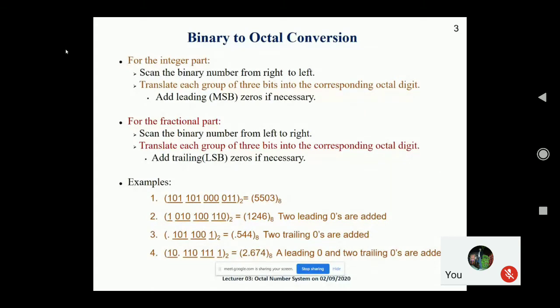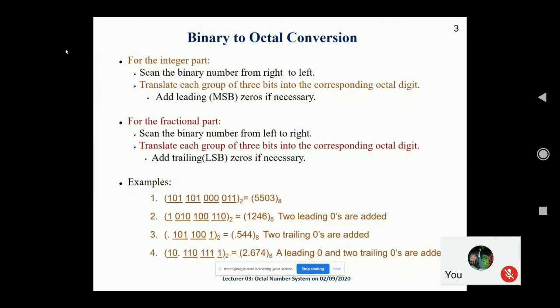If I add a 0 before 25 and a 0 after 35, the value is unchanged. But if I add a 0 in the MSB position of the fractional part, the value becomes something different, like 0.035 instead of .35. This procedure follows from mathematics.